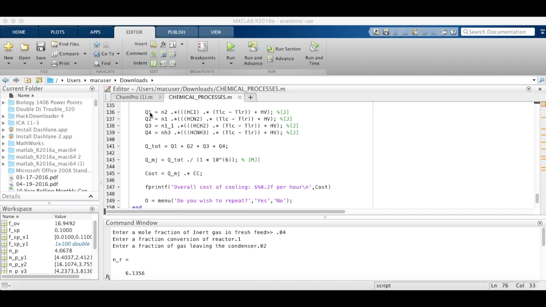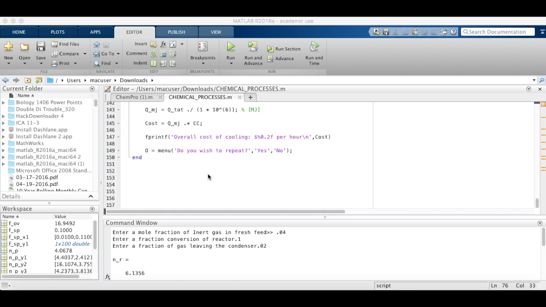After finding out the enthalpy or the heat, we just added them together to find the total heat that was coming off, and we multiply that by the cost of making 1 megajoule.